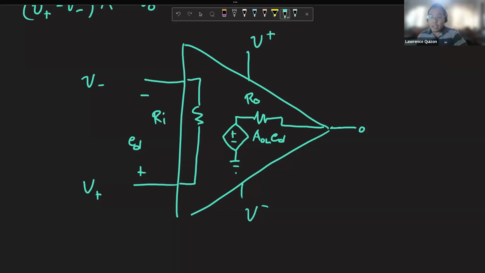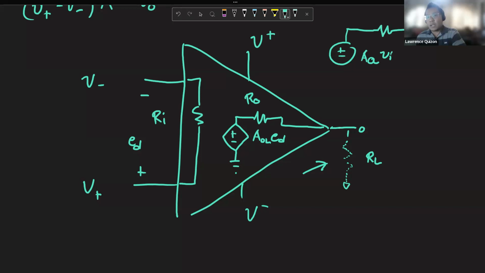Now, kung ideal yung load natin, meaning na hindi natin kita yung resistance niya or infinite yung resistance load, then of course, we just ignore R out. No? Kaso, the reason for R out being there is because there can be load, no? Okay, ano mangyayari kapag naglagay ako ng load dito, no? Let's think about it. Kapag naglagay ako ng load doon, we have the gain, the open loop gain times the input voltage.